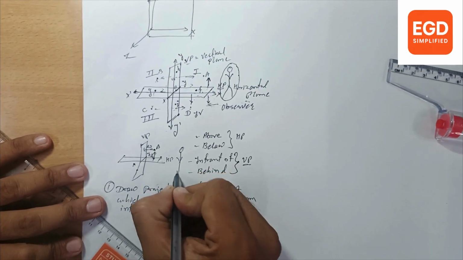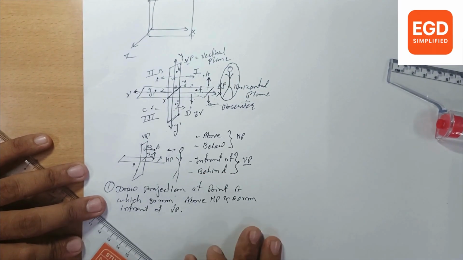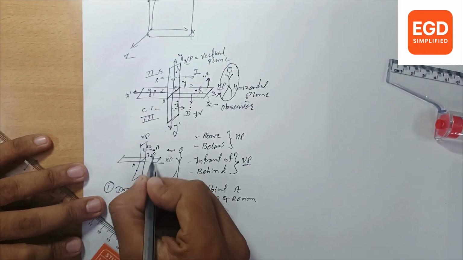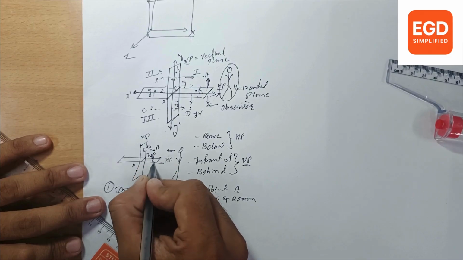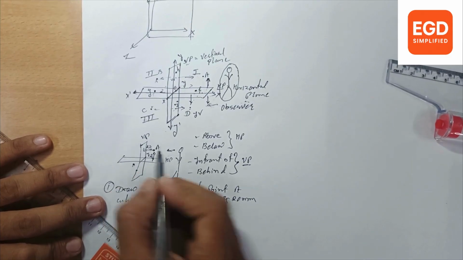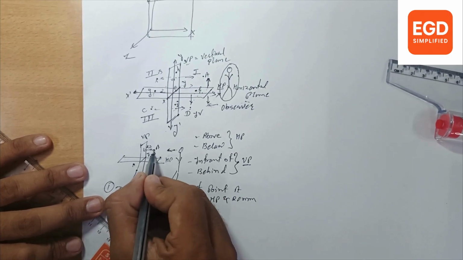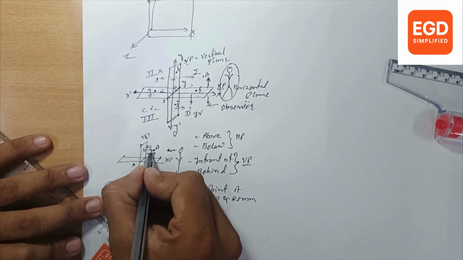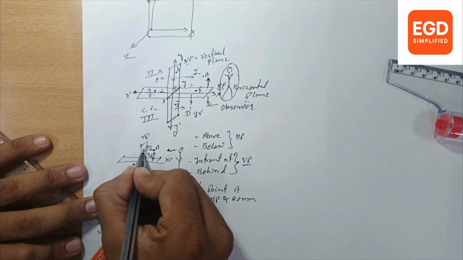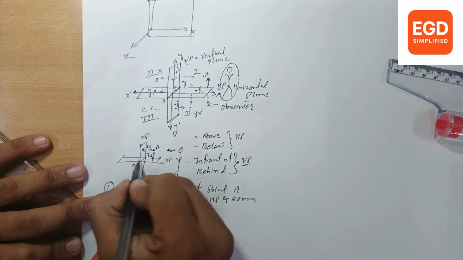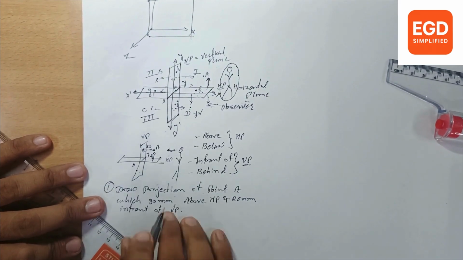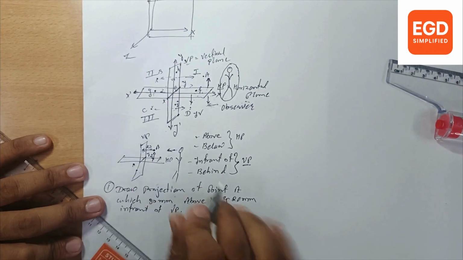Now when we see from this side, we will see point A is 30 mm above HP, but we will draw it. When we see from here, we will consider our plane as a paper. So we will plot these points' projection over here at a distance of 30 mm height from the XY line.